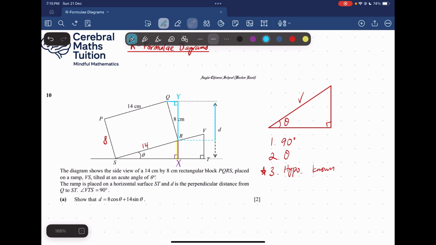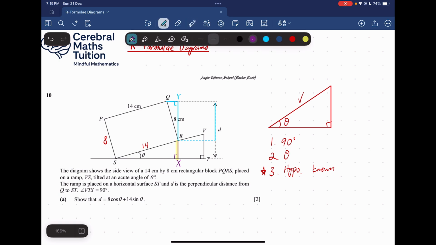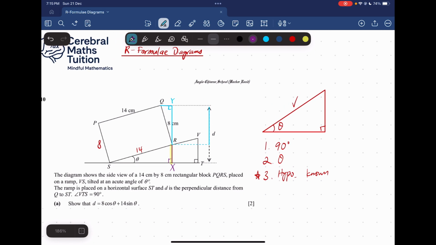Finding where theta is, the simplest method, which sometimes isn't so clear, and I'll explain a different method later, is using similar triangles. The right-angled triangles that we create are all similar triangles. The reason why that is true is because look at the first two elements that the triangles must have.